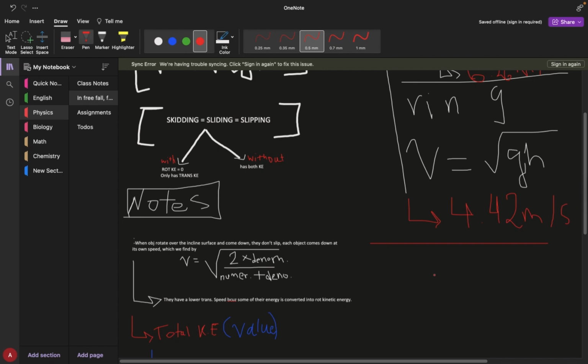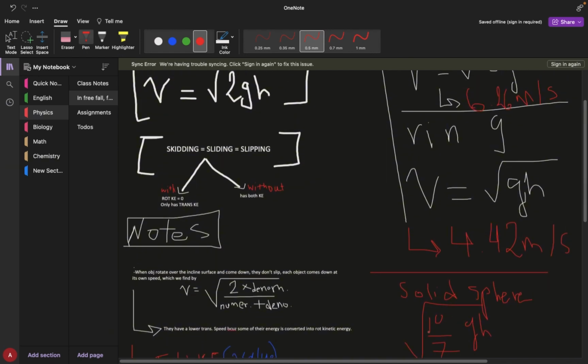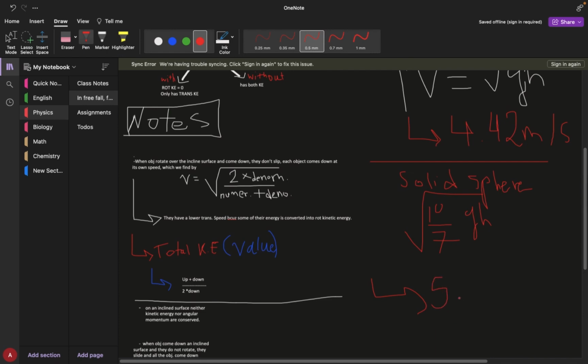Let's do a solid sphere. For a solid sphere we have 10 over 7 gH. Don't worry, I'm going to teach you how we found this. I told you that H was going to be 2, so 2 times 10 times 9.81 divided by 7, that's going to be 5.29 meters per second.